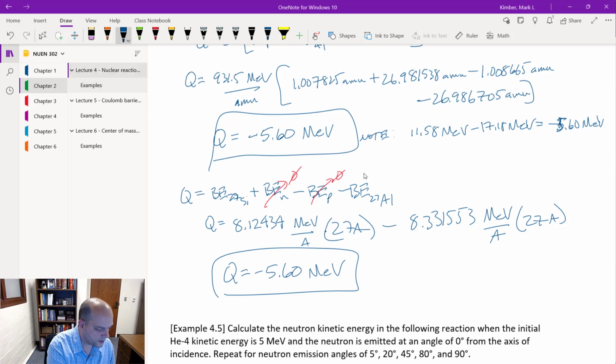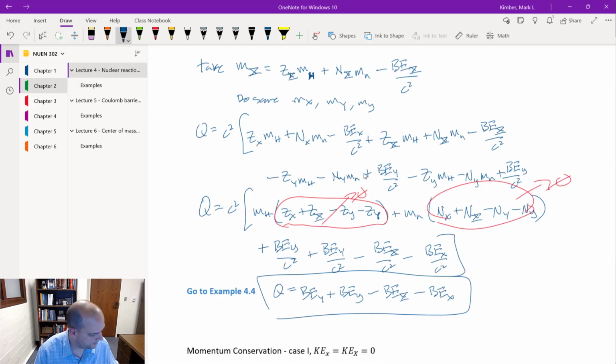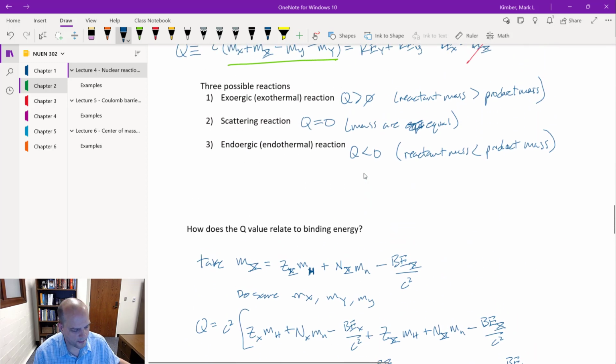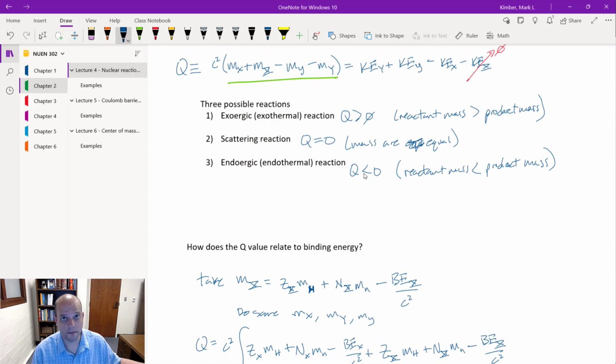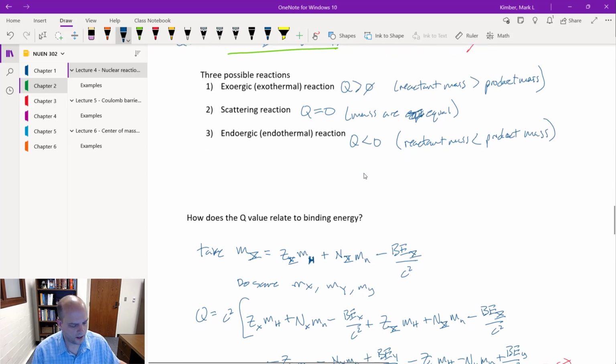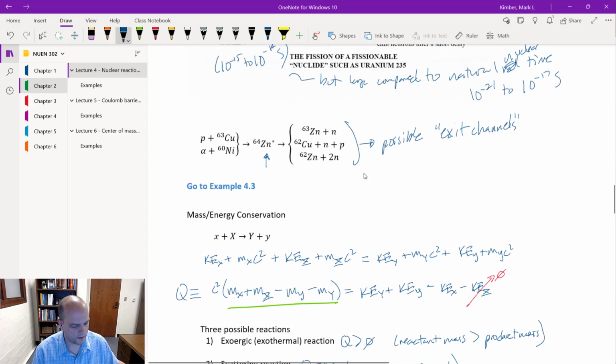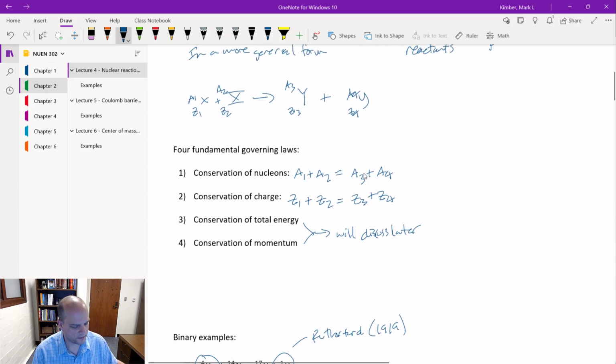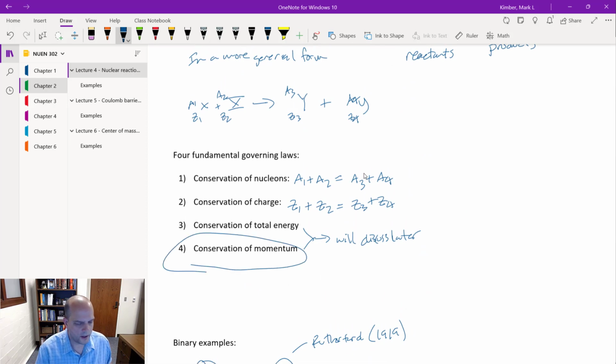So let's go back to the lecture and start talking about momentum conservation. So this Q value is what came out of our discussion of the mass-energy balance, the mass-energy conservation. So now let's talk about our fourth and final conservation, which we started off at the beginning of the lecture. And let's talk about conservation of momentum.